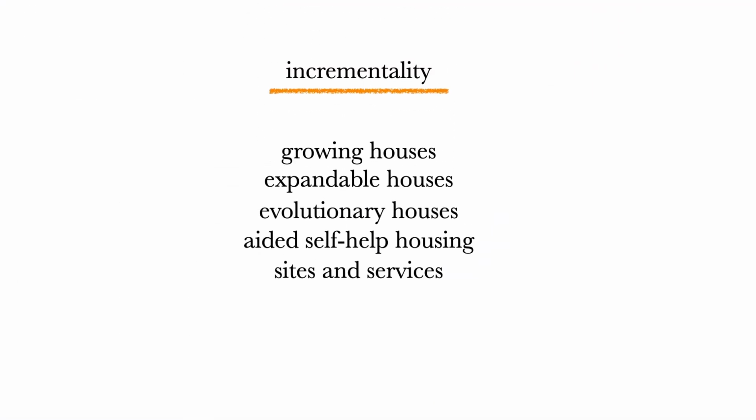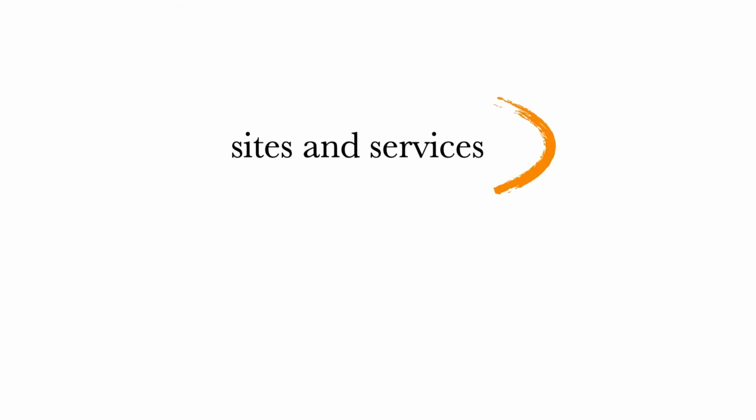In the 1970s, a particular incremental housing approach called sites and services started being disseminated all over the world. Taking some of its characteristics from the self-help tradition, the sites and services approach was, however, more driven by a top-down form of management.